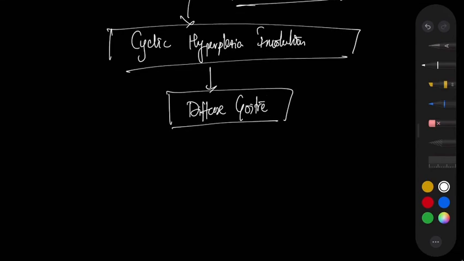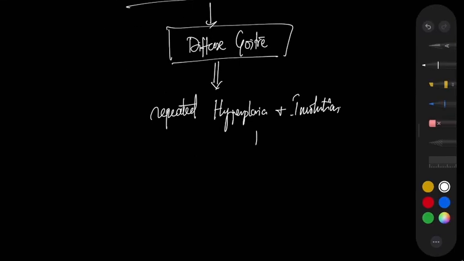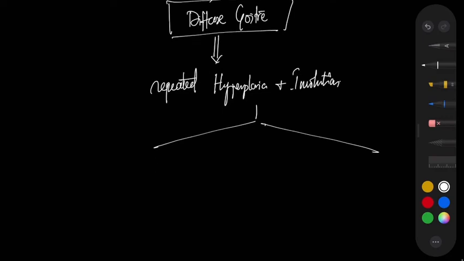Now this doesn't usually stop here. It leads to repeated hyperplasia plus involution. So the first stage is diffuse goiter. After that, if it continues, it leads to repeated hyperplasia and involution.